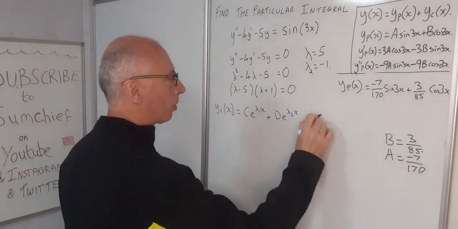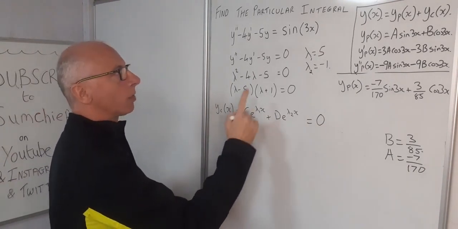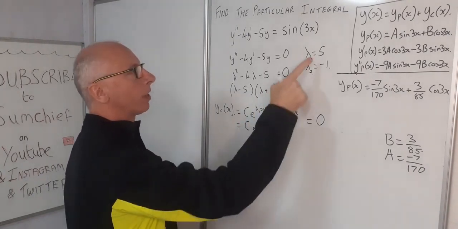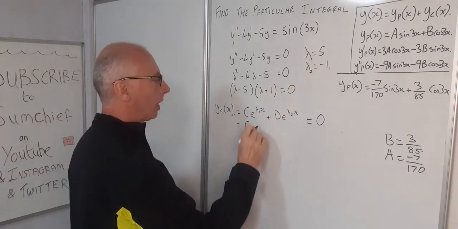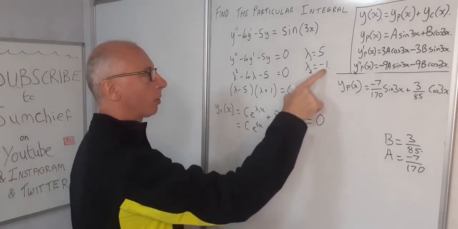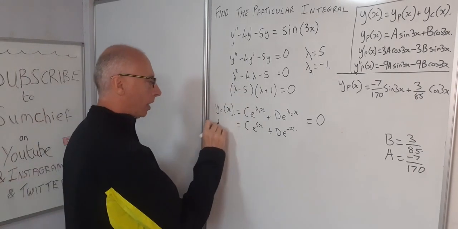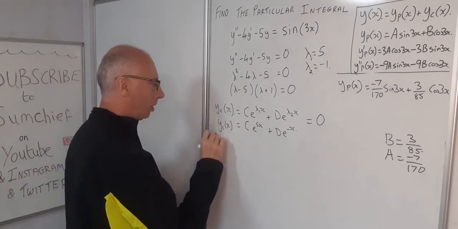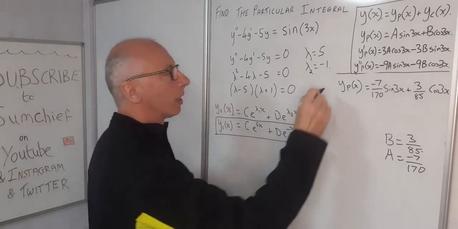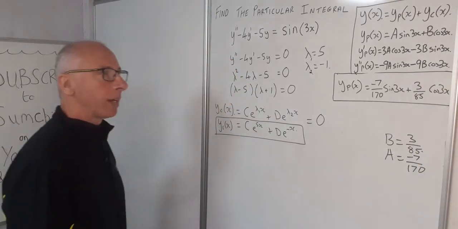And now c and d we don't know because we haven't got any boundary conditions, so those will stay. Lambda 1 is 5, so c e to the 5x plus d e to the, now lambda 2 is minus 1, so that's minus x. So that's my complementary function. So I'm going to put that in a box. This is my particular integral, so I'll keep that in a box.